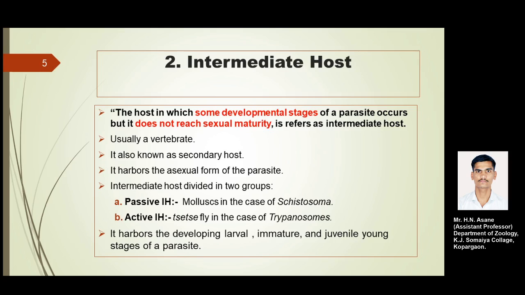It should be noted that parasitic diseases which require an intermediate host for transmission are restricted to the distribution of those hosts, and the distribution of the intermediate host is determined by many factors such as climate, vegetation, and historical factors, and the stages of the parasite or the asexual life cycle of the parasite depend on the development that takes place in these hosts.